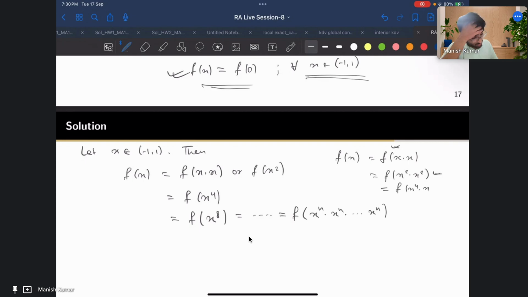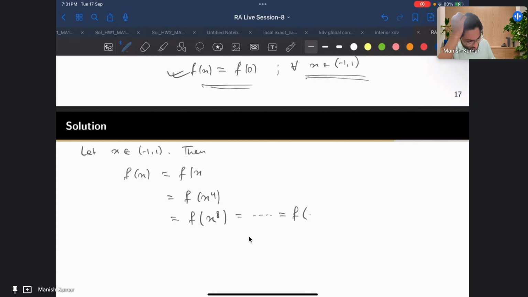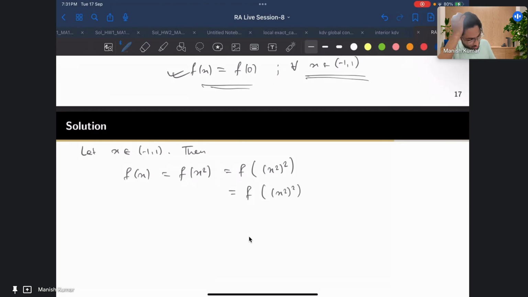Let me write it in this fashion. f of x is equal to f of x square, which is equal to f of x square square, which is equal to f of x square square whole square.